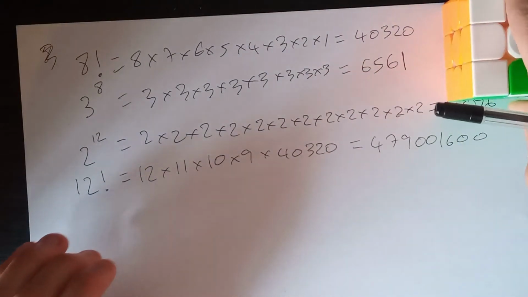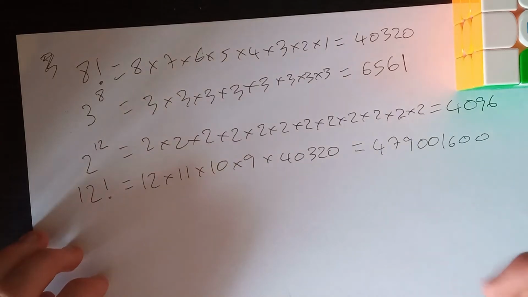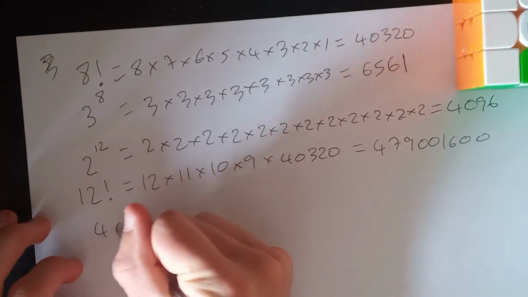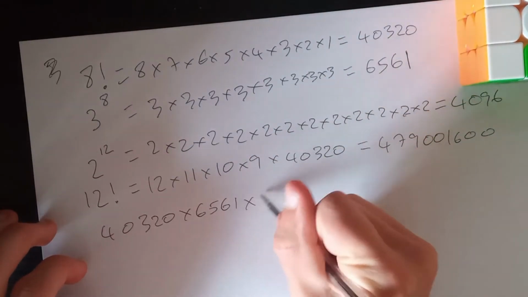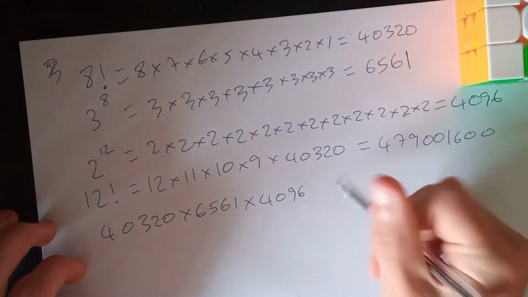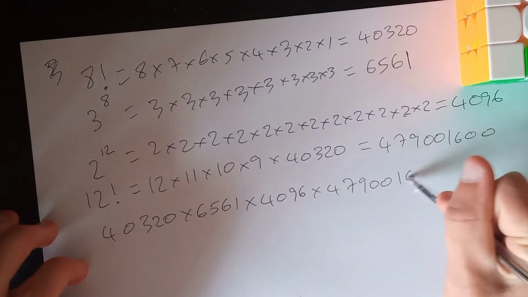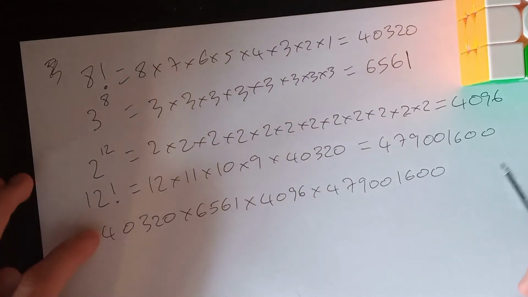So we now have the 4 parts of the total. We have 40,320 times 6,561 times 4,096 times 479,001,600. Except that's not actually the number of combinations.